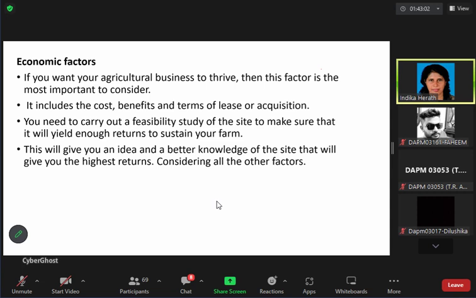Those who are doing investments are looking at aspects like economic and social factors, so that they will not be losing their money, which is being used for the investment, right?